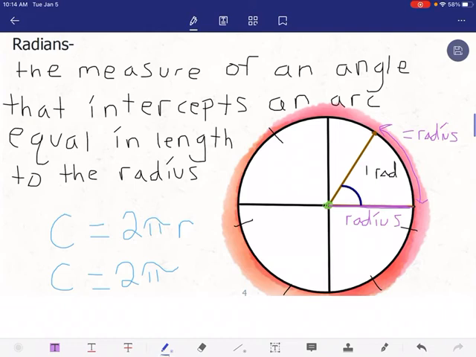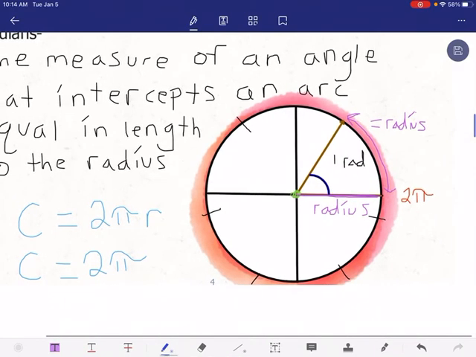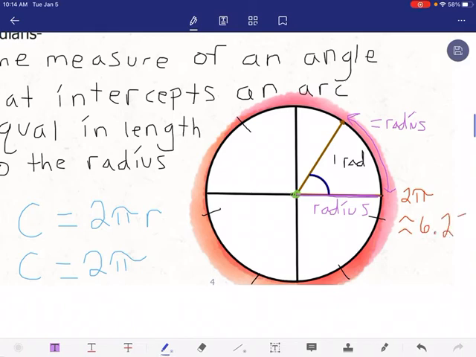So when I'm talking about radians in general, if we were to go all the way around, it is 2 pi. Well, notice that if I take 2 pi, so pi we can approximate to be 3.14, and we multiply that by 2, we get 6.28, which is why I said that we would be able to take that radius arc length around the outside 6 times with a little left over.